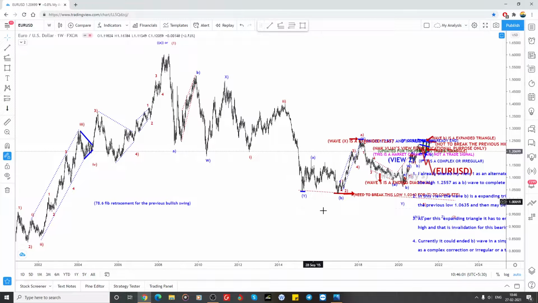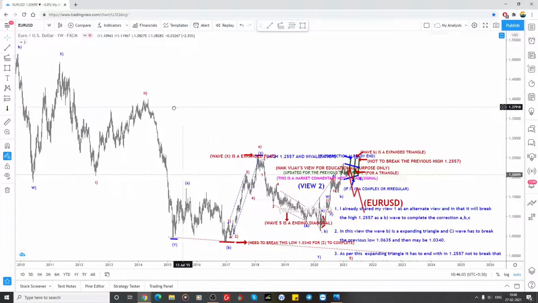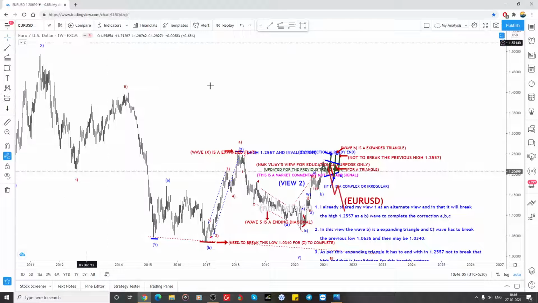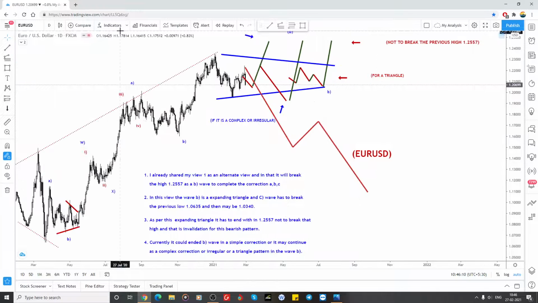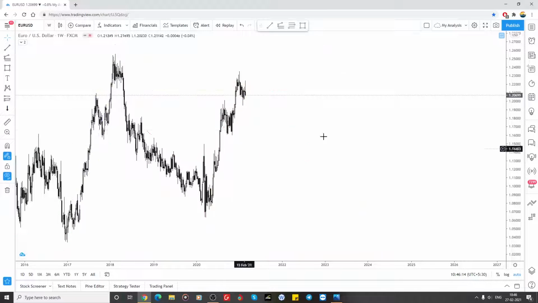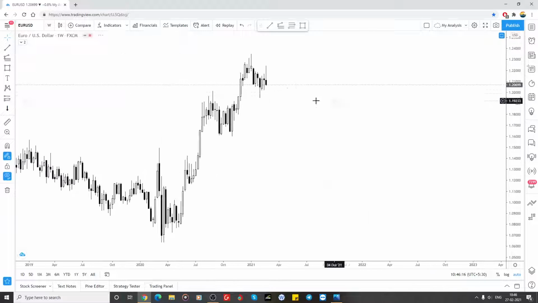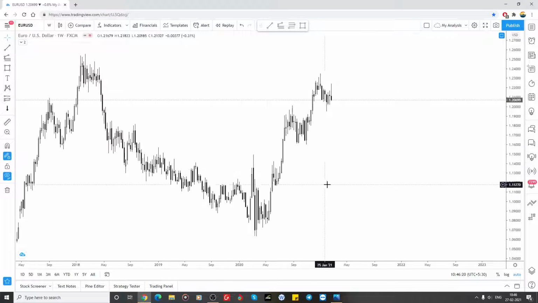I didn't mark it here. Let's see how it moves. According to this daily chart, this is bearish. So still up to here 1.150 is possible if it is an intermediate wave triangle, and then it can show.